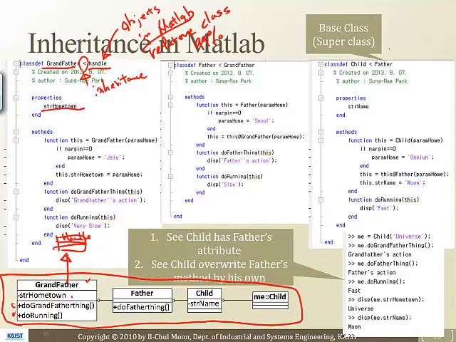And we have two functions here. One is do grandfather thing and the other is do running. And we have a special function called the constructor. Even though a constructor is not shown here, if it is a class, we should have a constructor. And we briefly covered that in week 1, part 3. In the constructor, the format is this. This equal, and this is used here and here, right?